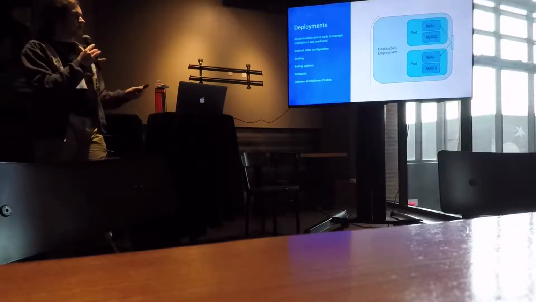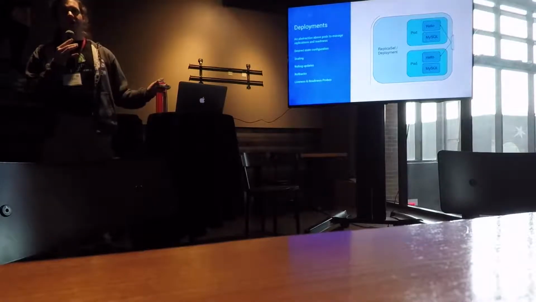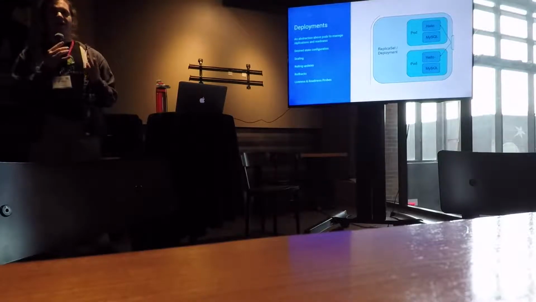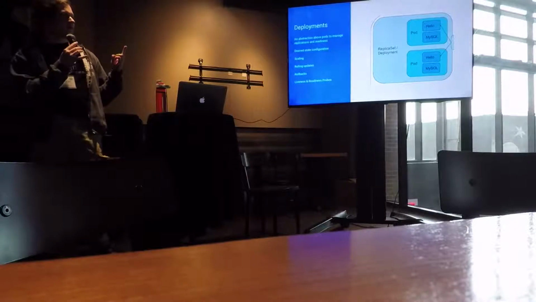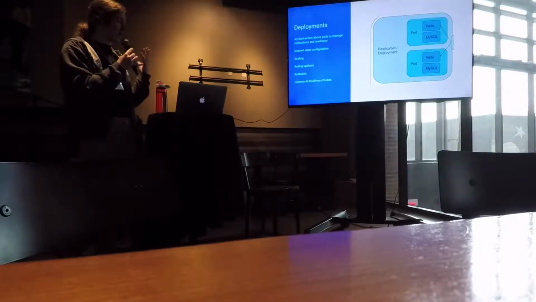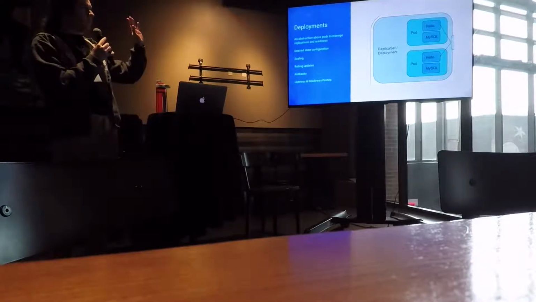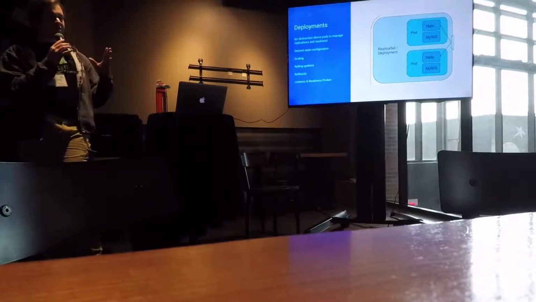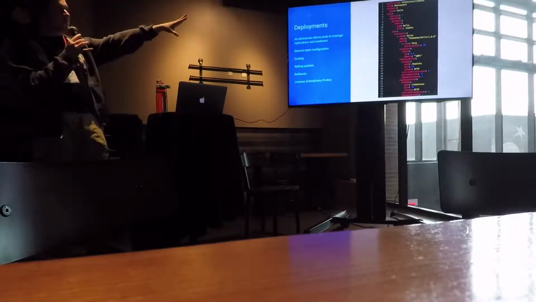Now, deployments are an abstraction above pods so that you can have readiness and liveness probes. You can have all sorts of scaling, rolling updates, and rollbacks. I'll show you what that would look like in the command line in a bit. But you basically just tell Kubernetes, this is my deployment. This is in YAML.